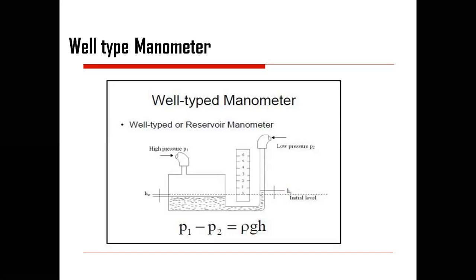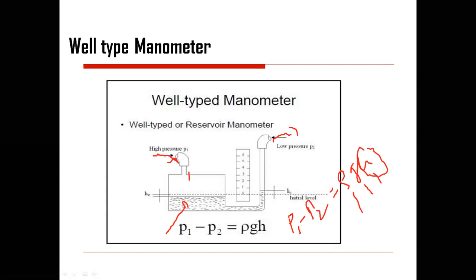The only difference is that here we apply a higher pressure, and at this end we have the lower pressure. So we have P1 minus P2, similar to the U-tube manometer, which is given as rho g h. Whether we use mercury or water, depending on that we get rho and g, and the height can be determined based upon the applied pressure P1.